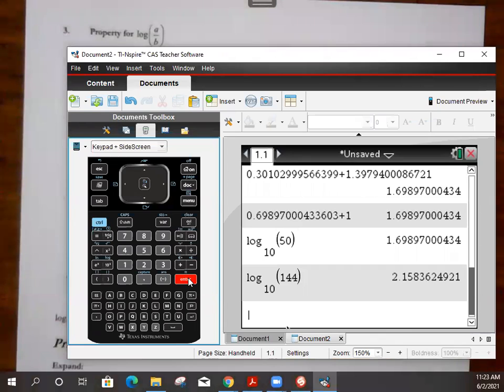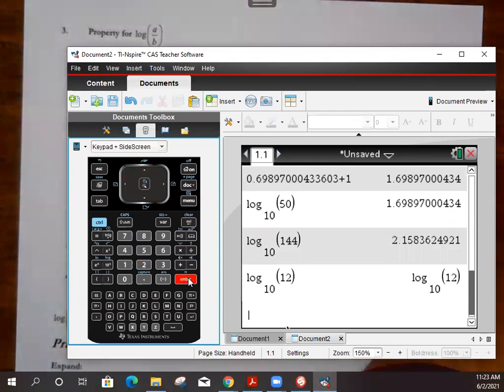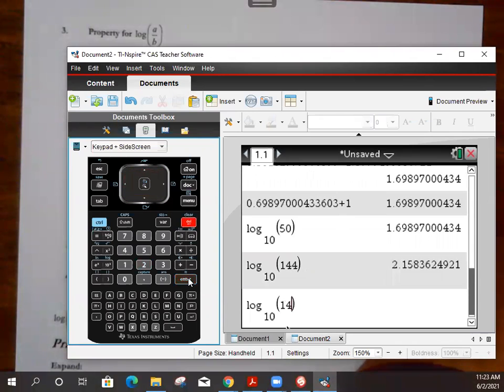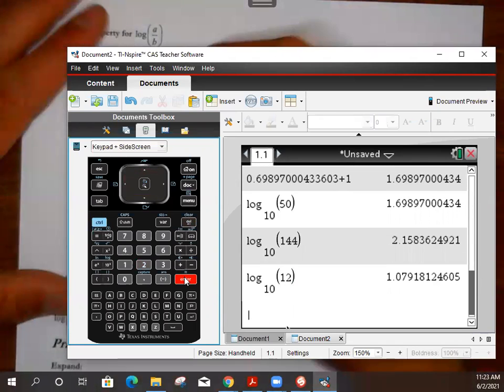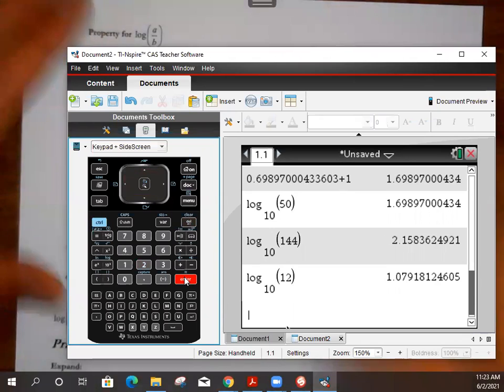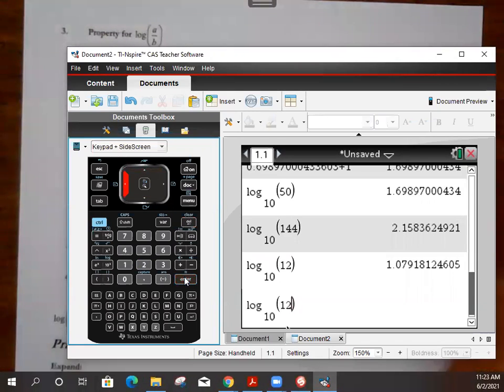All right, and then we'll do the log of 12. Thanks, calculator. The log of 12 base 10 is 1.08. All right, let's do the log of 24.